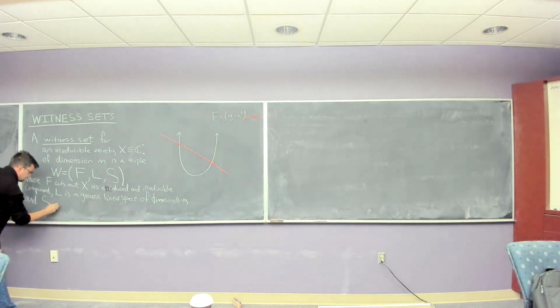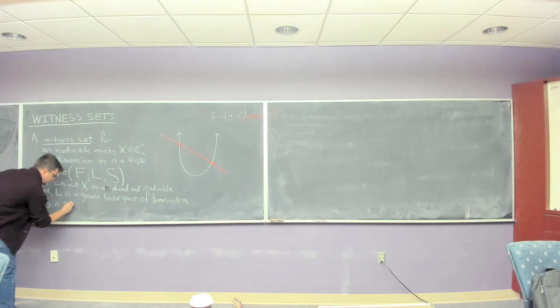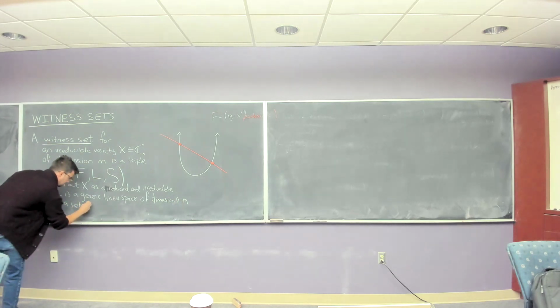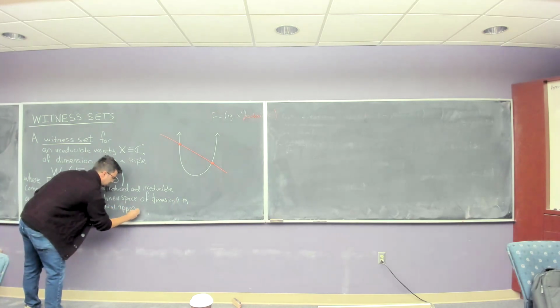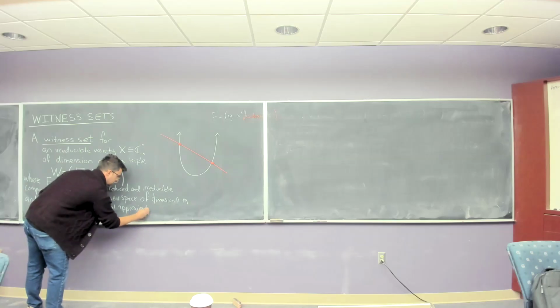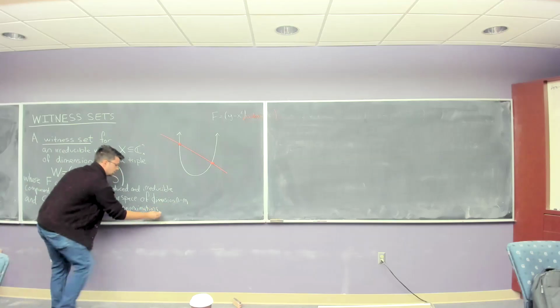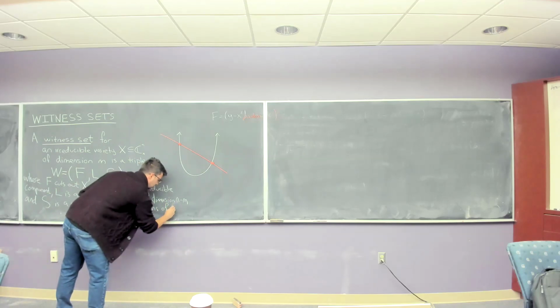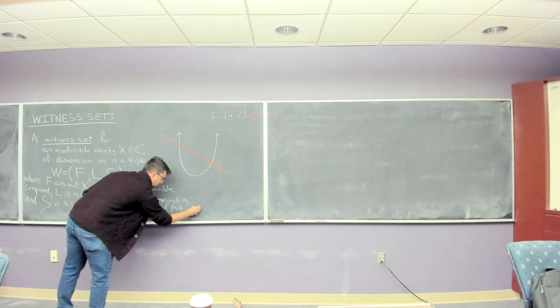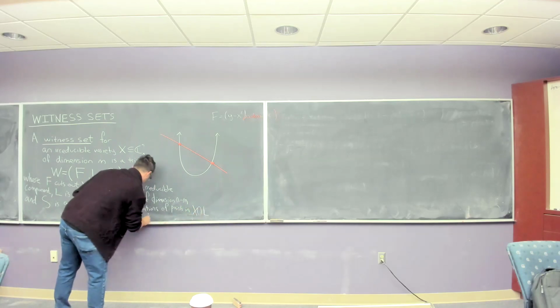And S is a set of numerical approximations of points in X intersect L. And just one thing.